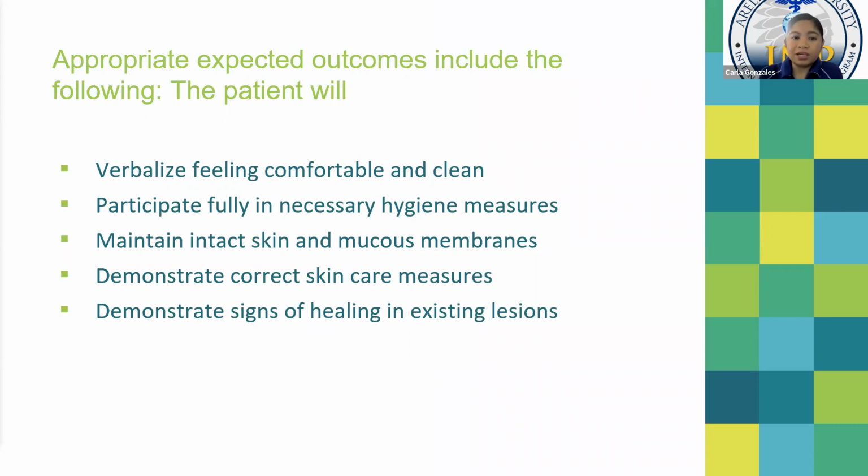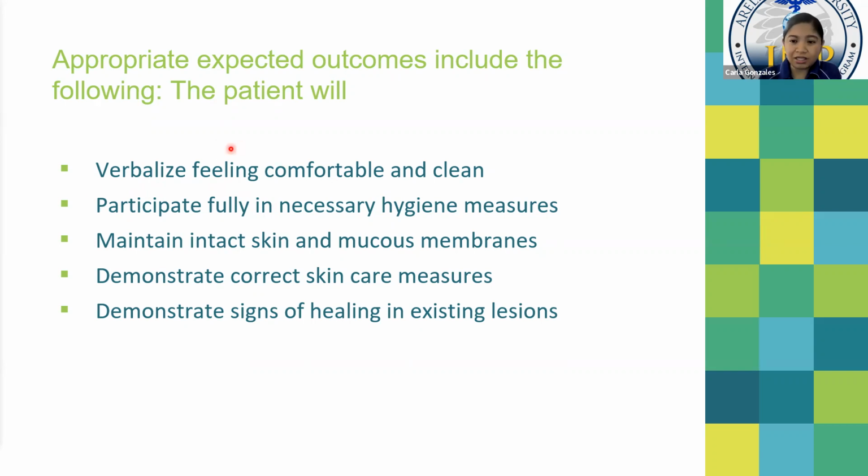So some expected outcomes would be: verbalize feeling comfortable and clean, participate fully in necessary hygiene measures. So you take note of this one, participate fully. As much as possible as nurses, we would like our patients to do independent self-care. So we want to try to maximize their ability to participate fully, because we want to promote patient independence.